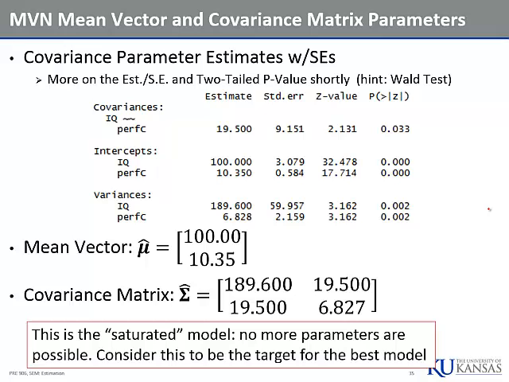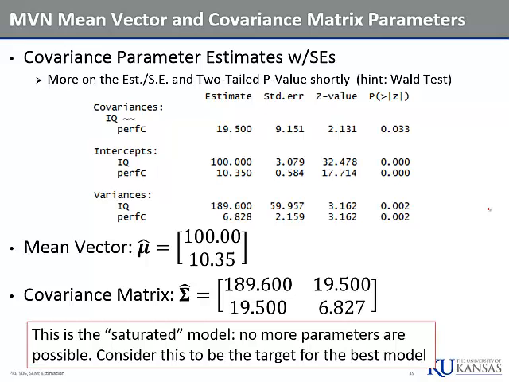This is in opposition to if you said, well, I'm just going to assume that they're uncorrelated, so I'm just going to put 0 right there. That's no longer saturated because you have no parameter here for that spot. Okay? So this saturated model, believe it or not, every time you run your version of SEM, your specific model to answer your questions, in the background, lavaan is running an analogous saturated model for it.